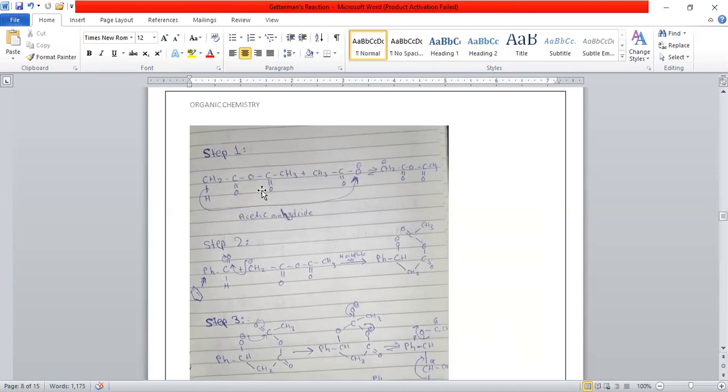In this step, it reacts with sodium acetate, which abstracts the hydrogen from the alpha position, leaving the oxygen with the negative charge, and we get the carbonyl form of the reaction.